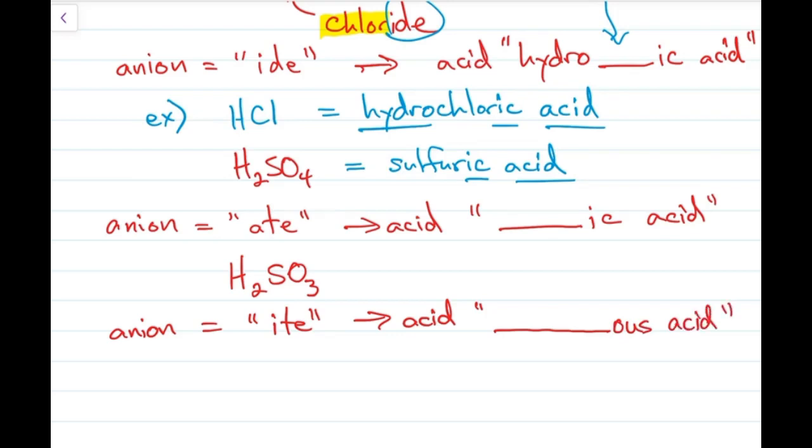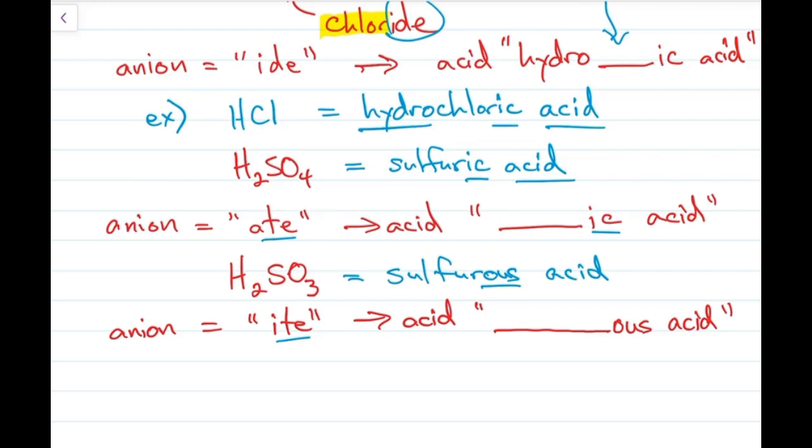So this one is going to be not sulfuric, but sulfurous acid. Okay? So the ite becomes ous, ate becomes ic, and ide is hydro and ic. Right? That's the only three rules that you have to know.